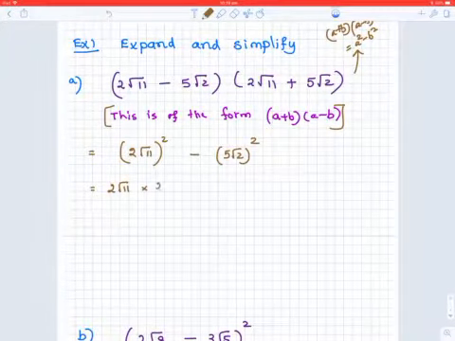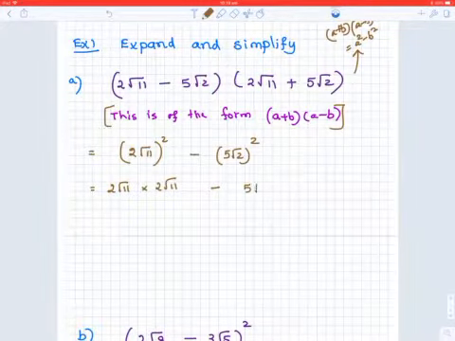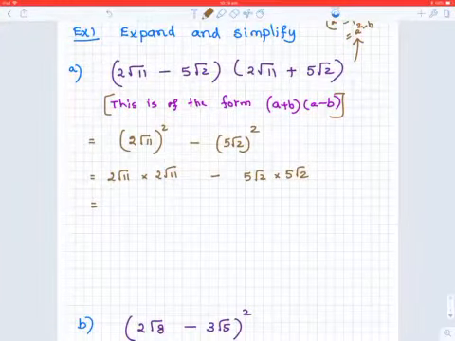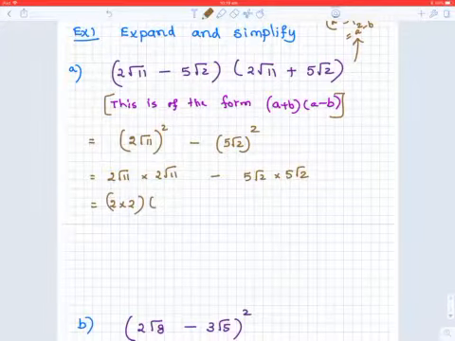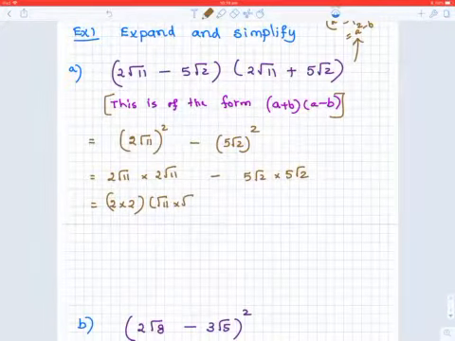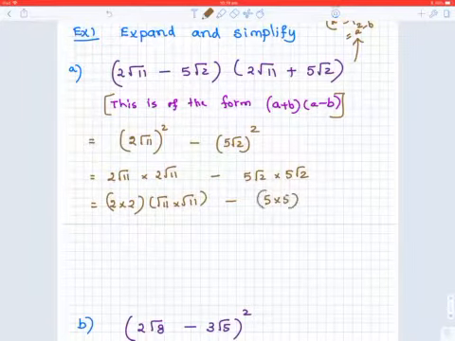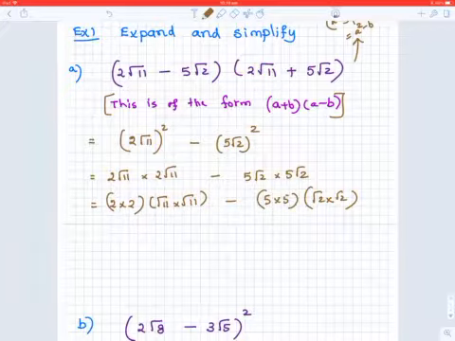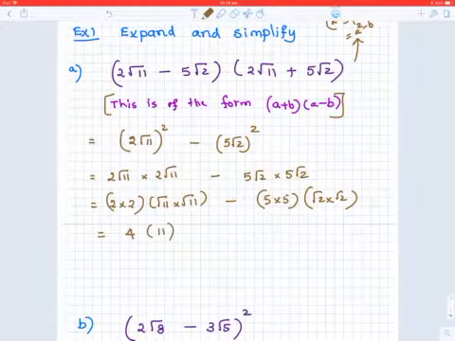Now (2√11)² is 2√11 times 2√11, minus (5√2)², which is 5√2 times 5√2. When you multiply surds, put the numbers first. So it will be 2 times 2 and √11 times √11, minus 5 times 5 and √2 times √2.